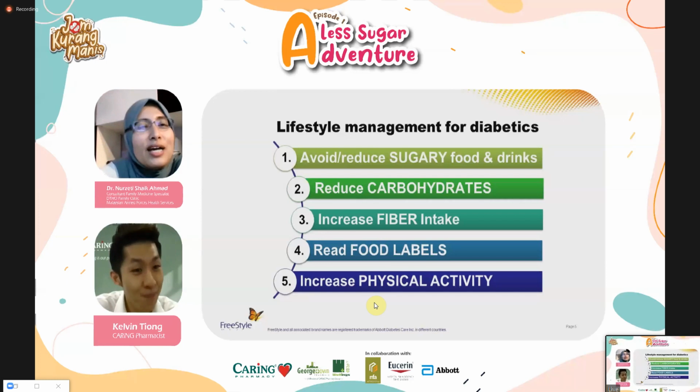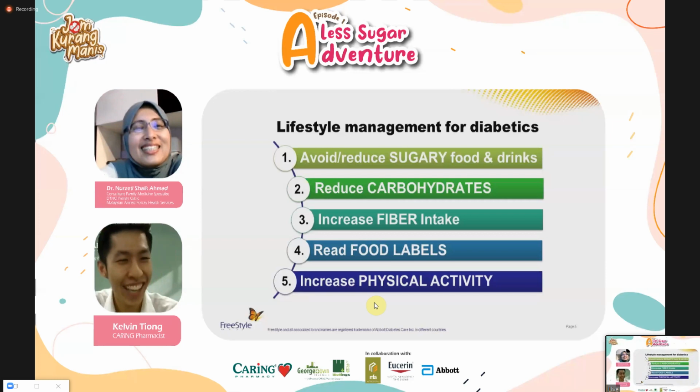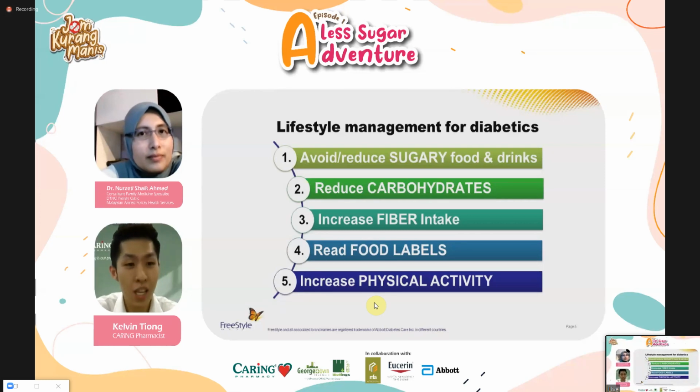Usually the no added sugar ones have lots of sugar. Marketing strategy. And the last one is increased physical activity. Not necessarily running or anything. Maybe you can walk with a walking stick if your joints are okay. And just now Mr. Kelvin also shared that standing more will also help to reduce glucose.